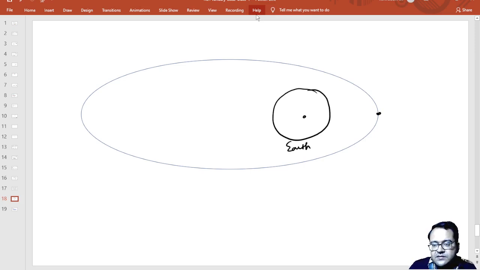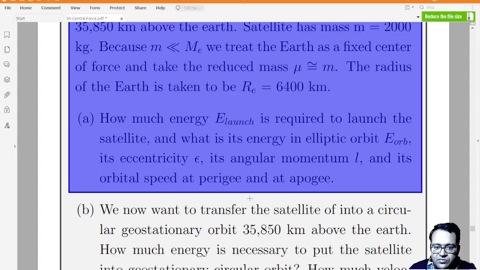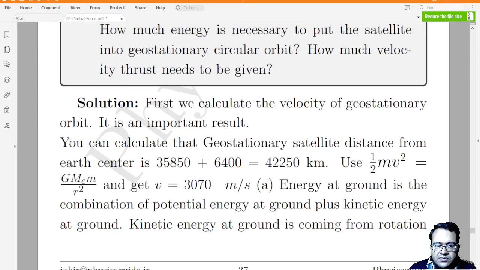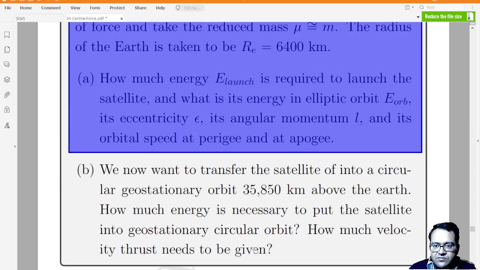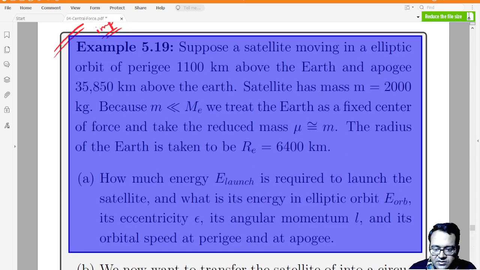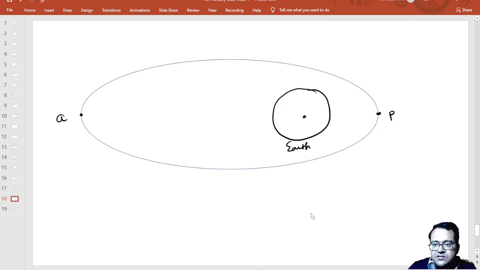This is the perigee. This is the apogee. These data are given, so we can calculate 2a. This is something given, this is something given, plus this is 6,400.